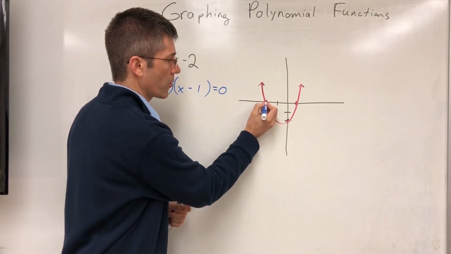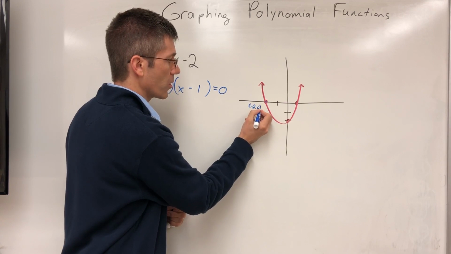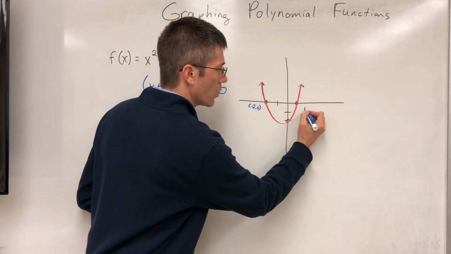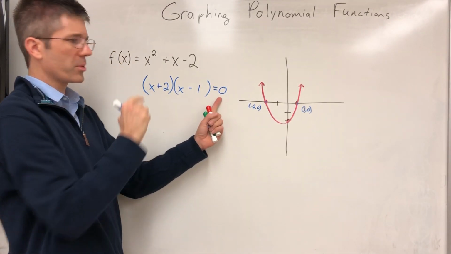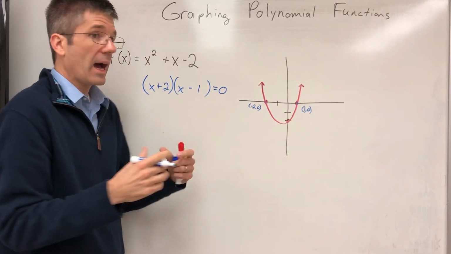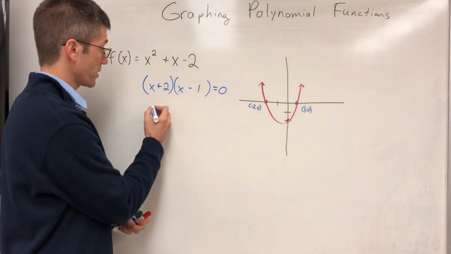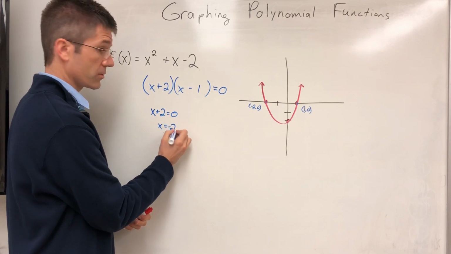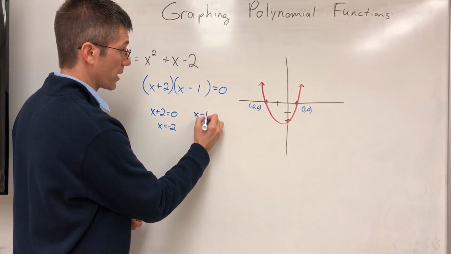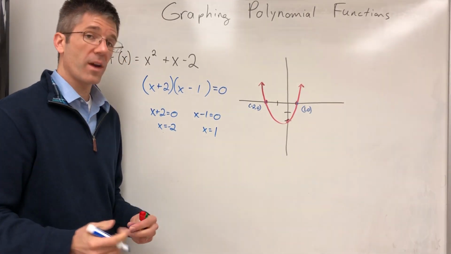This coordinate is -2, 0, and this coordinate is 1, 0. So when I plug in 0, I have just found x-intercepts. Let's continue: x plus 2 equals 0, so x equals -2. x minus 1 equals 0, so x equals 1. We just found the x-intercepts.